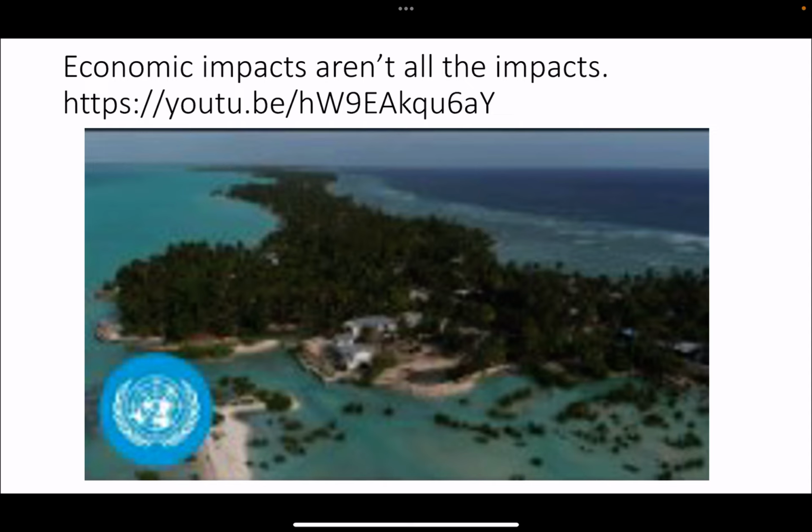So economic impacts. This is an island nation. What happens when the island nation is now underwater? What will happen to their nationality? Will they have to evacuate to another country? Which country will be willing to accept this bunch of refugees? Right? So island nations are peculiar. They're very, very sensitive to these climate change impacts. And once again, Singapore is an island nation.